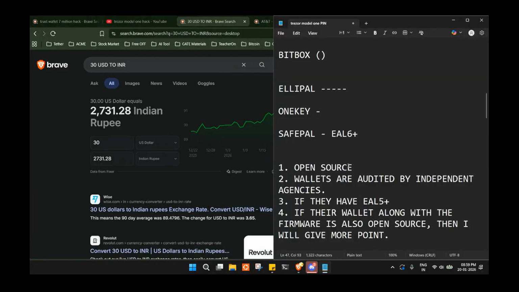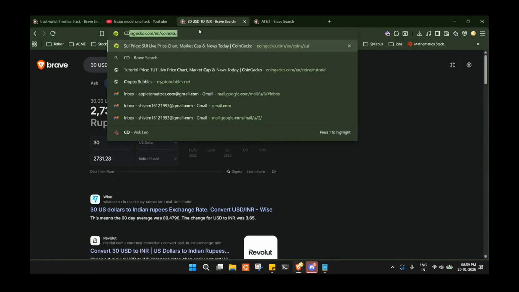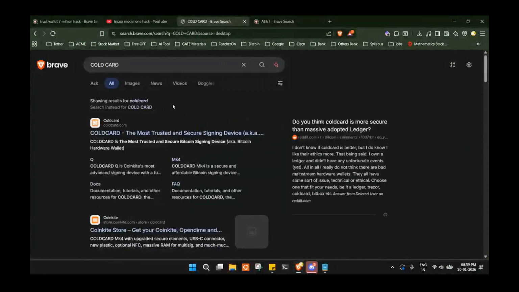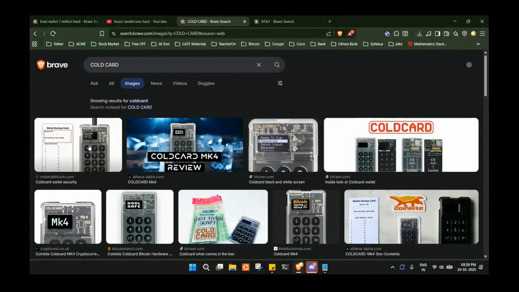So what I'm trying to say is, if you have money and want to invest more, go with Coldcard, if you are able to use it. That looks like a calculator one. I can show it to you right now. And the most important thing about Coldcard is they never provide a referral model.